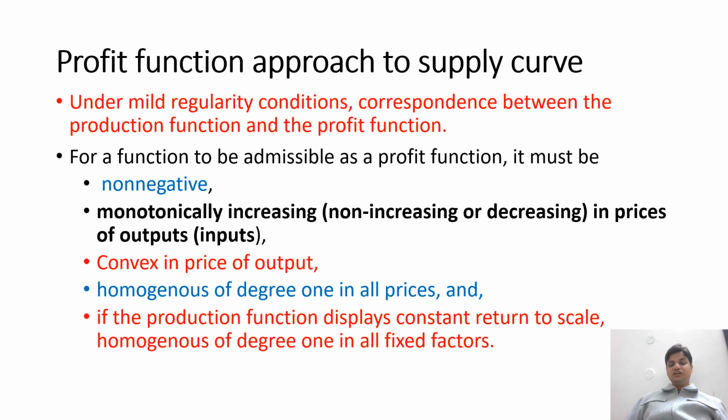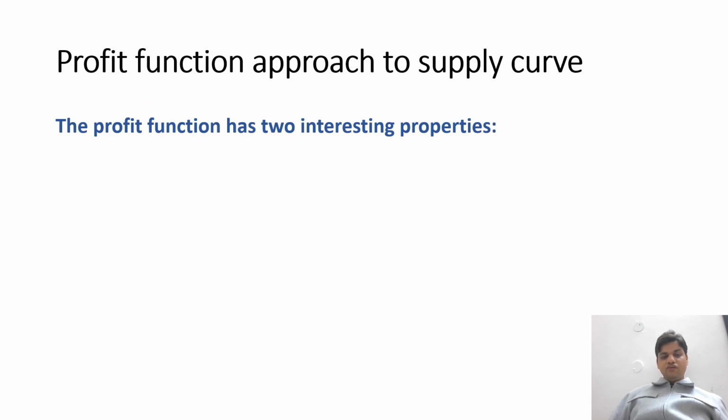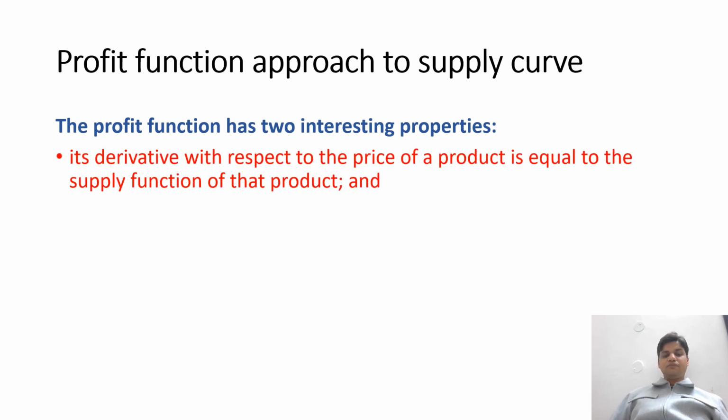If the production function displays constant returns to scale, then homogeneous of degree 1 in all fixed factors. So if you multiply Z by lambda, then your output should also be lambda times, so obviously profit will be lambda times.